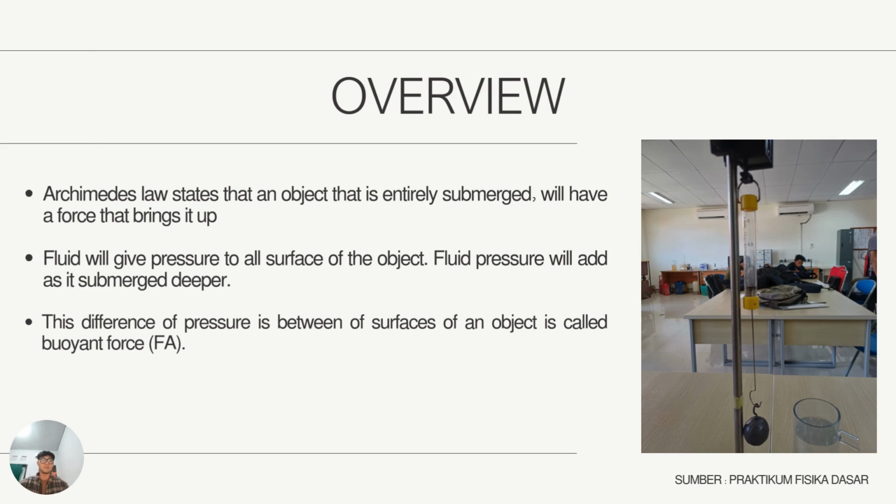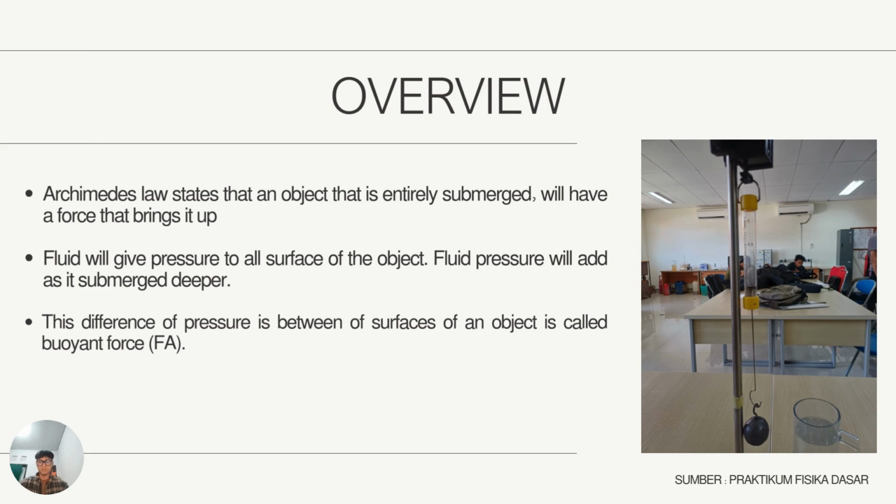The second one is the buoyant force concept. When an object is submerged in a fluid, the fluid gives pressure to all of its surfaces. The fluid pressure increases as deep as the object goes. The third one is the difference.